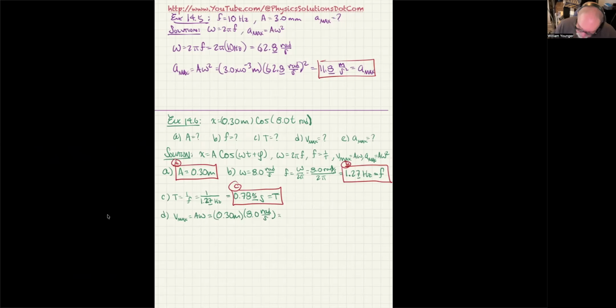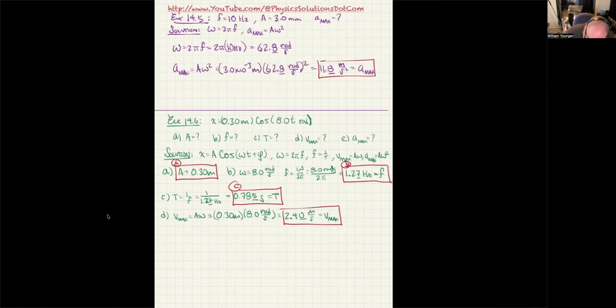So clearly this is going to be 2.4 meters per second, and that's our Vmax. So now I've worked out the Vmax as well.